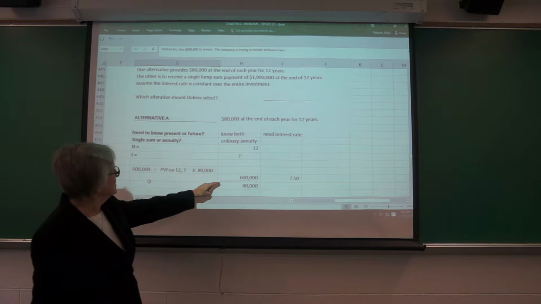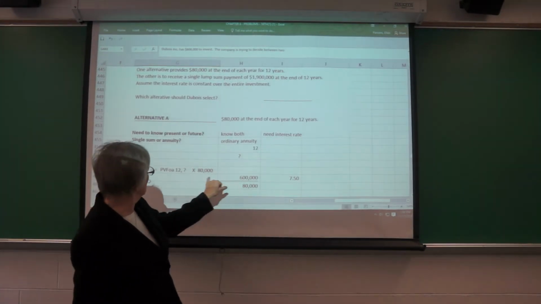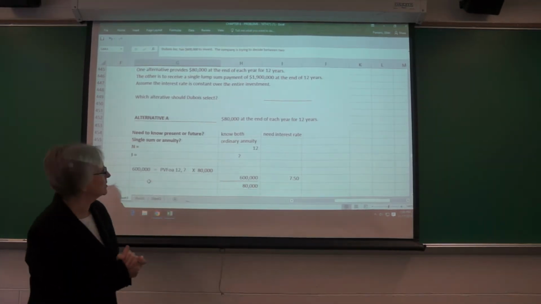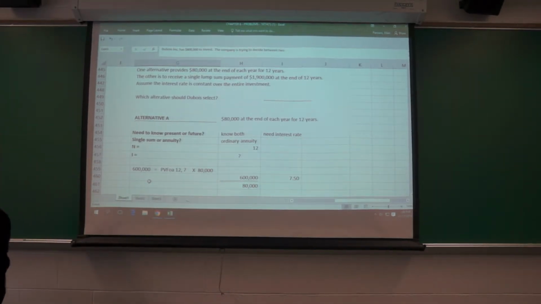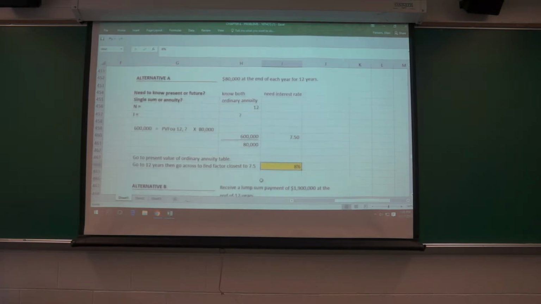So you do the 600 divided by the 80,000, and this solves for the present value factor, which is 7.50. So you go to the correct table, the present value of an annuity table. You go across to the 12 years, and then you find the closest factor, which is 8%. Okay, that only gives us alternative A.